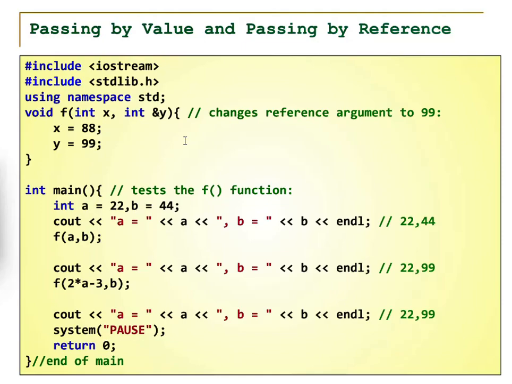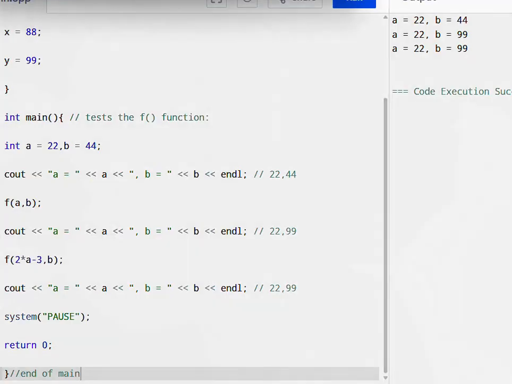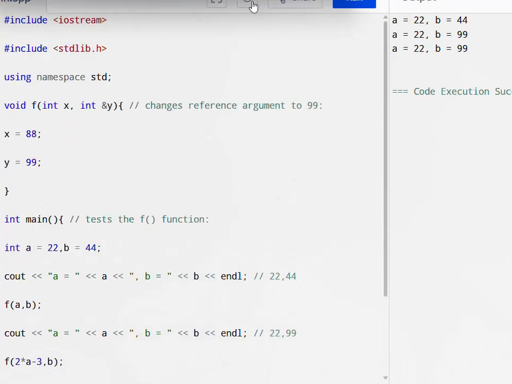And then comes the system pause. Now let's see the output of this function. This is before the first call, and this is after the first call, and this is after the second call.